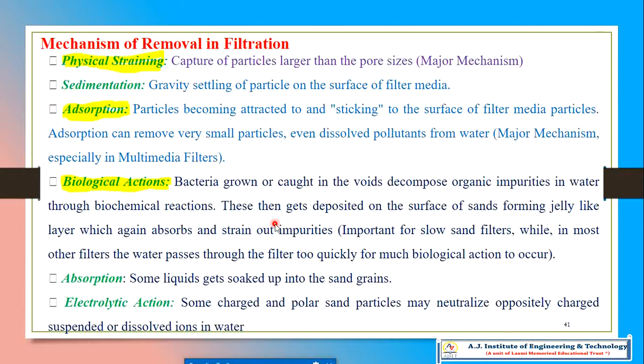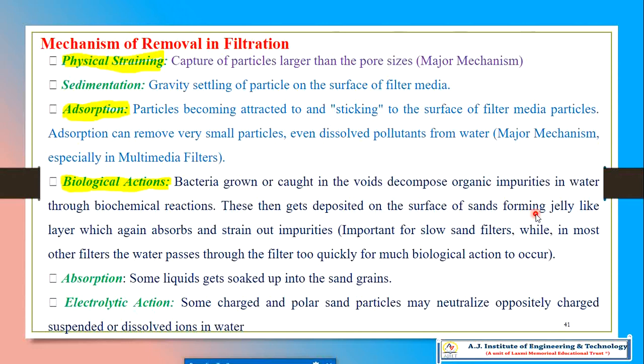These then get deposited on the surface of the sand, forming a jelly-like layer, which again adsorbs and strains out the impurities.